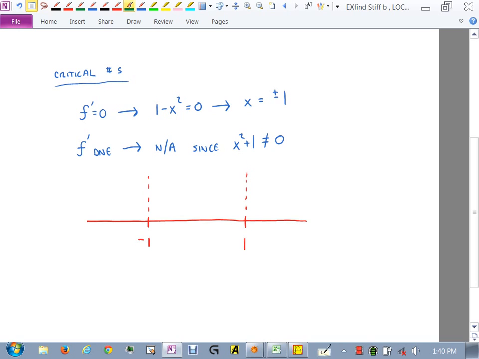Plug what into the derivative? Test points. Test points. -2. 0 is a good one there. Pi. I could do pi, right? I'm not going to do pi. But I mean, I could, right? I mean, it just has to be to the right of 1. But you could use 10, you could use 1,000, doesn't matter.